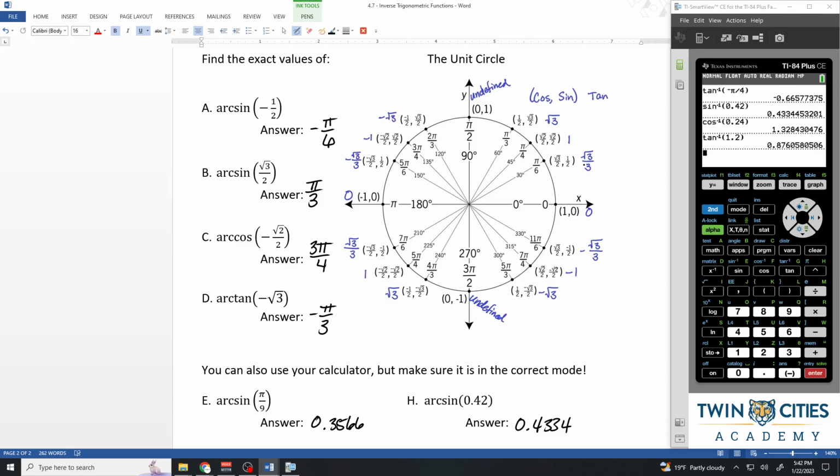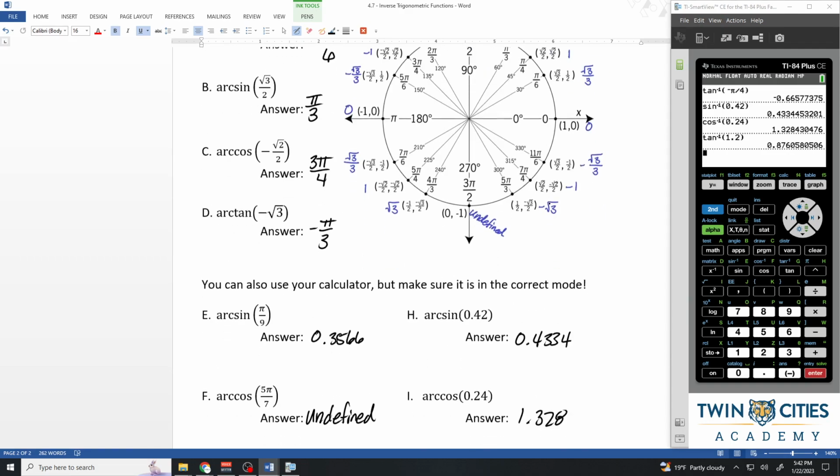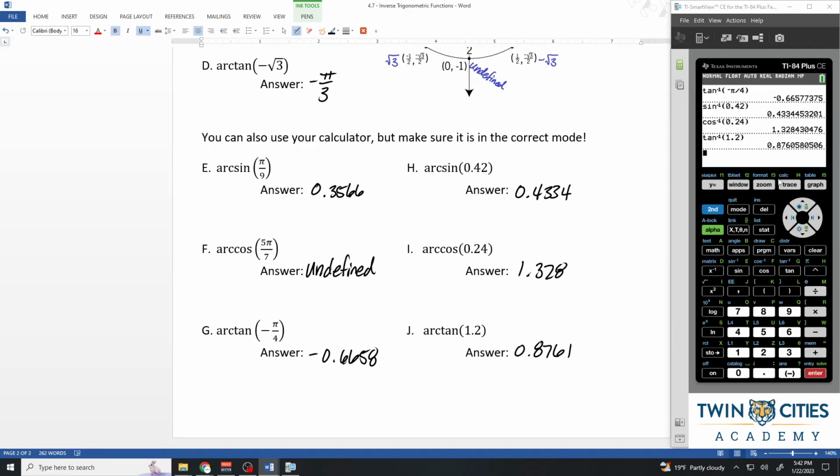And once you've found that, you just say what radian measure is correlated to that. And for your calculator, just plug it into your calculator, keeping in mind that some domains apply and your input has to be within that. If it gives you an error, it's likely outside of that domain. You can check it, and if it is, it's undefined.